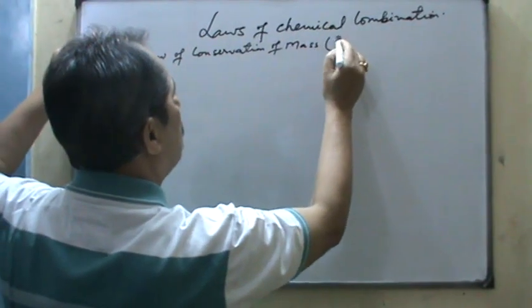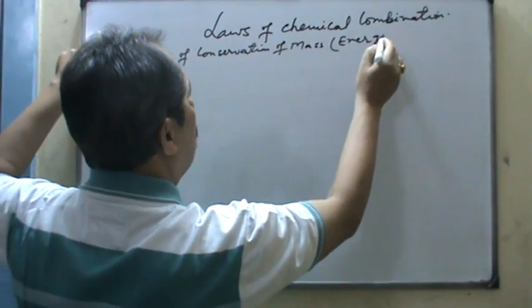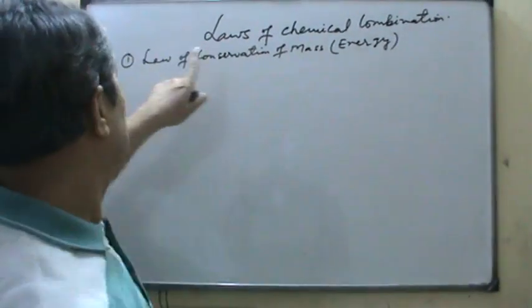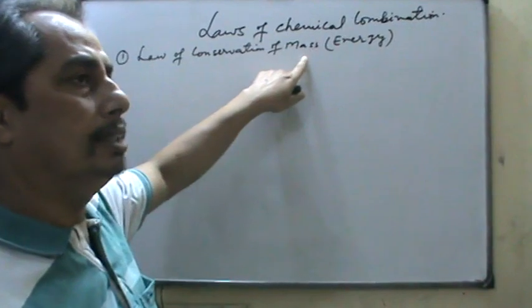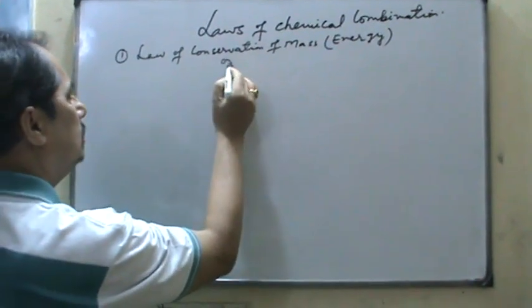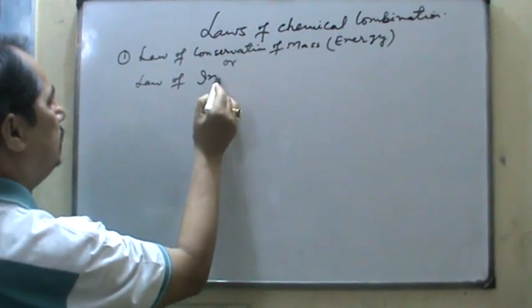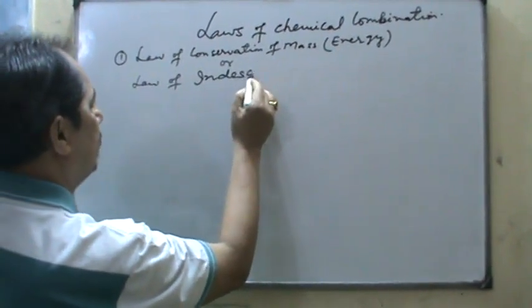Later on, it was modified in the form of energy after a few years. So the first law is the law of conservation of mass, or this is called the law of indestructibility of matter.